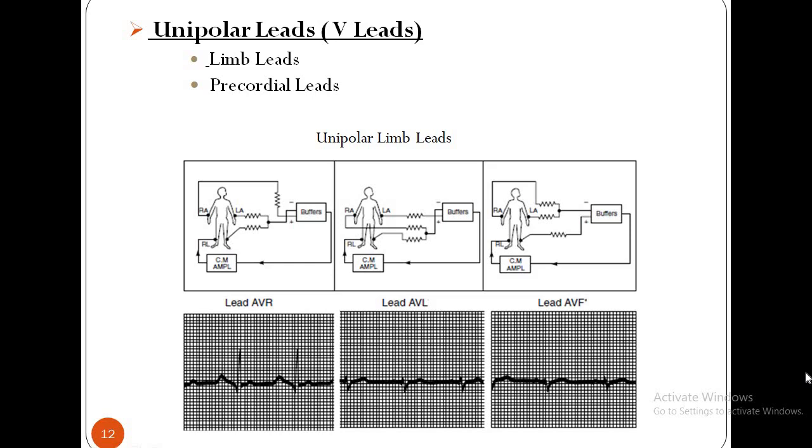In the AVL lead, the left arm is recorded with respect to the common junction of the right arm and left leg. In the AVF lead, the left leg is recorded with respect to the two arm electrodes tied together. They are also called augmented leads or averaging leads. The resistances inserted between the electrode machine connections are known as averaging resistance.